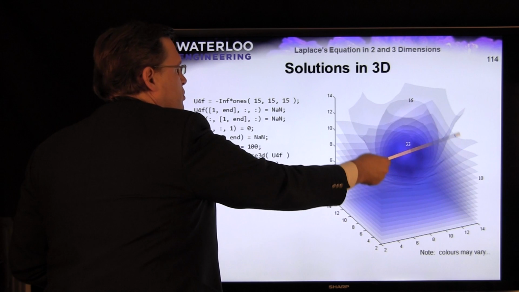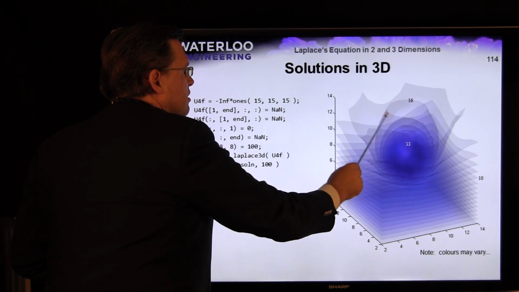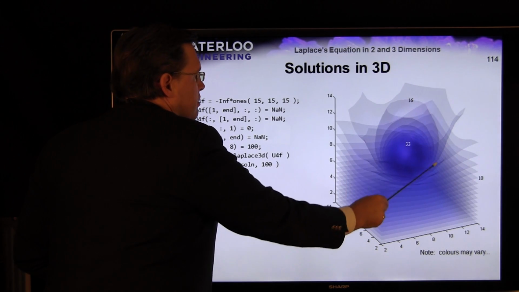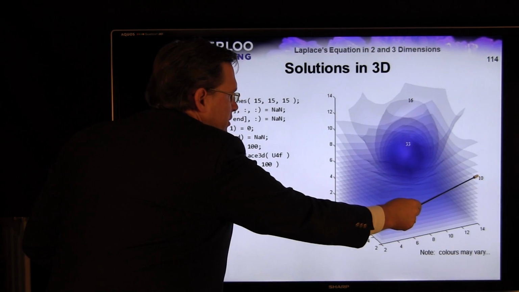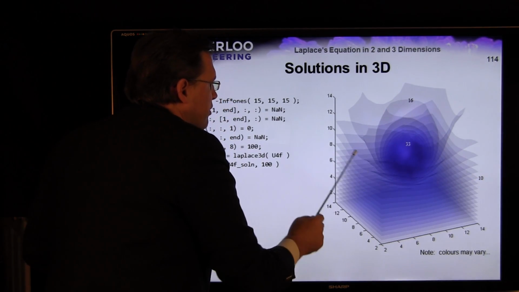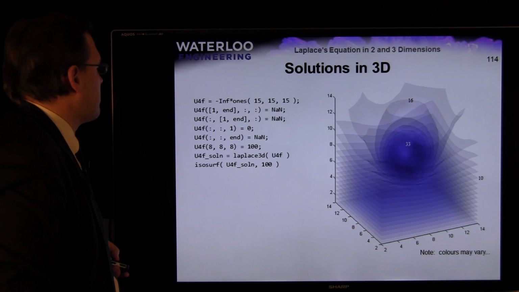However, as you get closer to this point, notice that this is the surface of temperature 16. Here's the surface of temperature 30. Here is the surface, and you can see that that surface sort of dips down a little bit, of temperature 10.